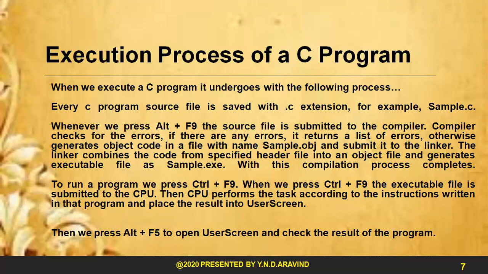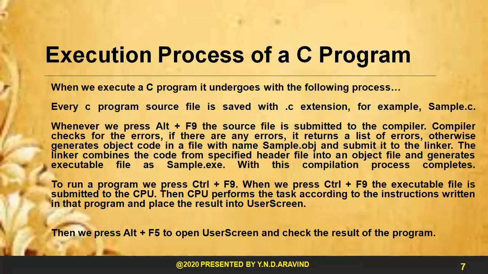Whenever we execute a C program, it undergoes the following process. Every C program source file is saved with the .c extension, for example sample.c. Whenever we press Alt F9, the source file is submitted to the compiler, and the compiler checks for errors, and if there are any errors, it returns a list of errors.